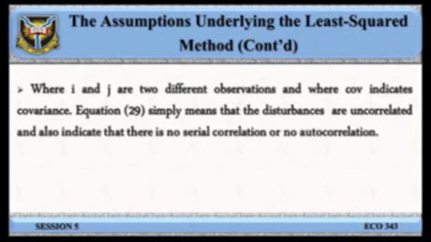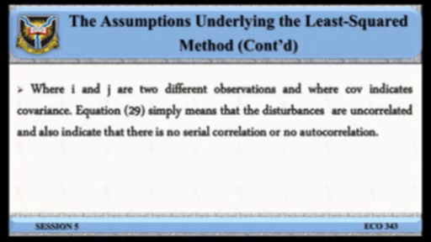It could be written as shown below, where i and j are two different observations and where COV indicates covariance. Equation 29 simply means that the disturbances ui and uj are uncorrelated, and also indicates that there is no serial correlation or no autocorrelation.